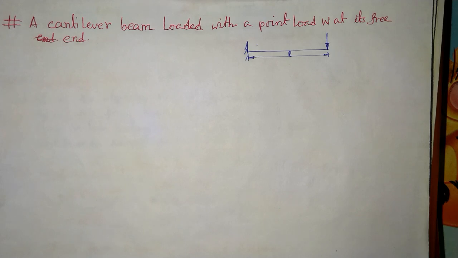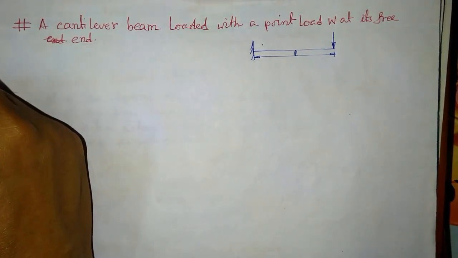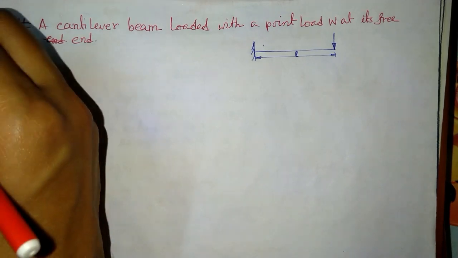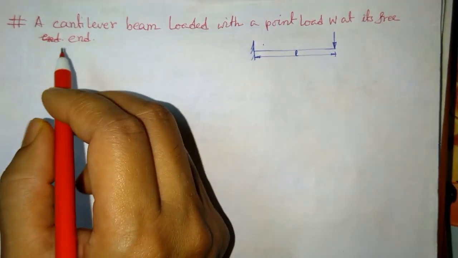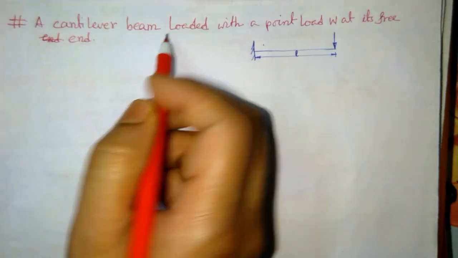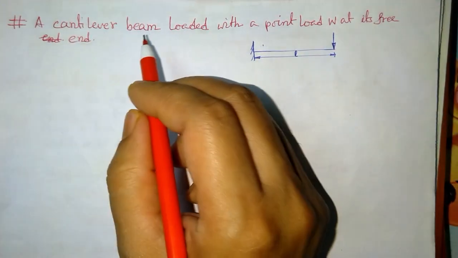So today we will learn how to draw the shear force and bending moment diagram for a cantilever beam, or how we can find the shear force and bending moment at different points of a cantilever beam. Okay, so here we have taken one problem. Let's see: a cantilever beam loaded with a point load W at its free end.